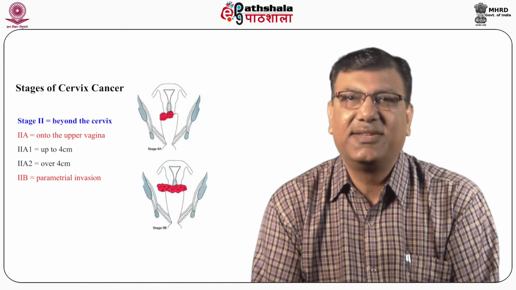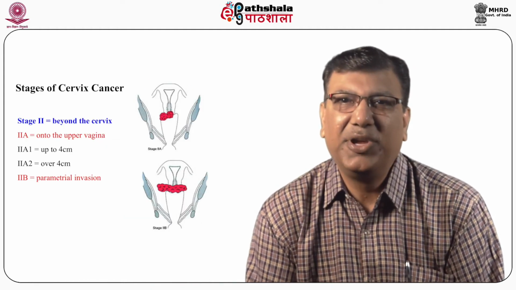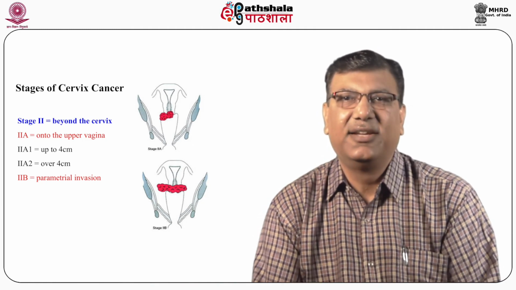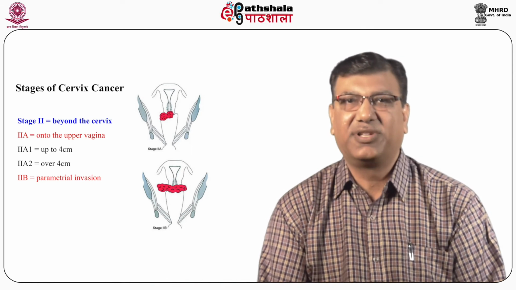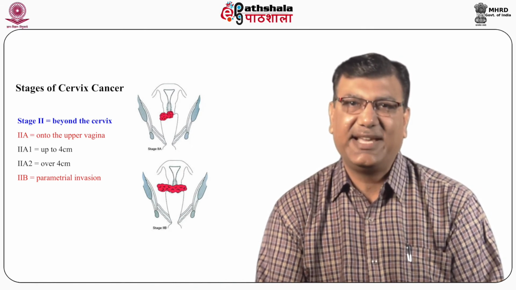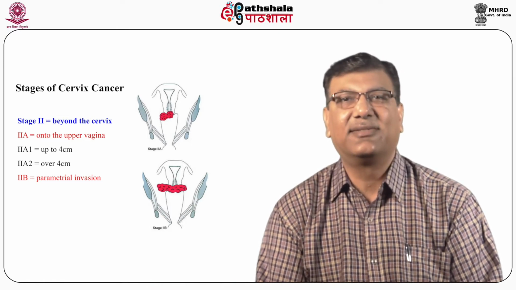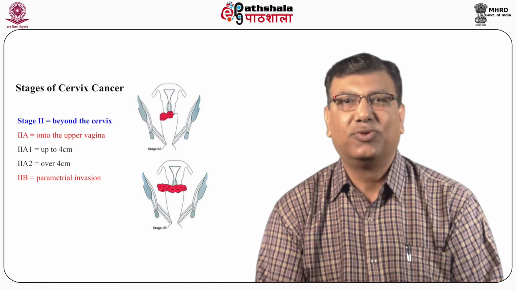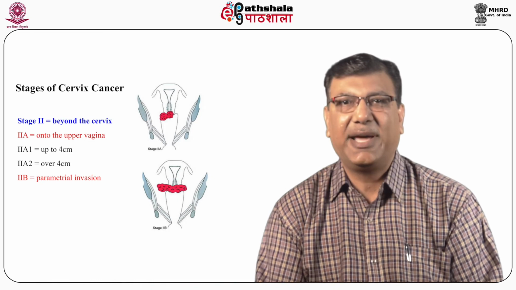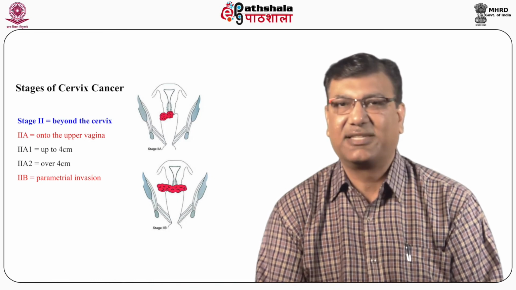In the second stage of CA cervix, the disease is extended beyond the cervix. Second A stage, onto the upper vagina. Second A1, up to 4 centimeter. Second A2, over 4 centimeter, and second B, parametrial invasion takes place.